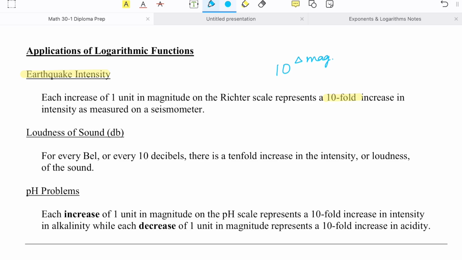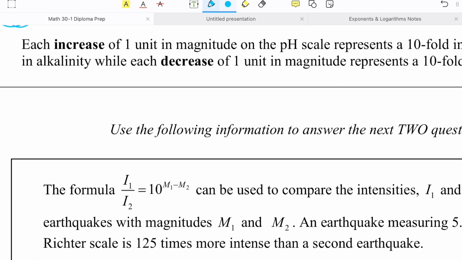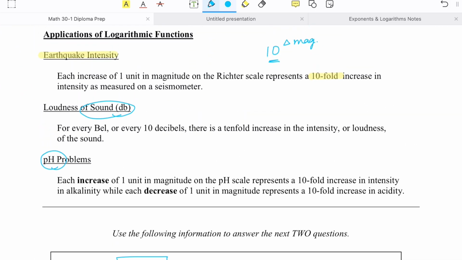Same thing for loudness as well. We use the same formula. pH problems, same formula when we're looking at if it's increasing or decreasing. And then we also looked at this formula when we're comparing intensity. So the magnitude difference is this. Let me know if you have any questions about applications of log functions or exponent functions.